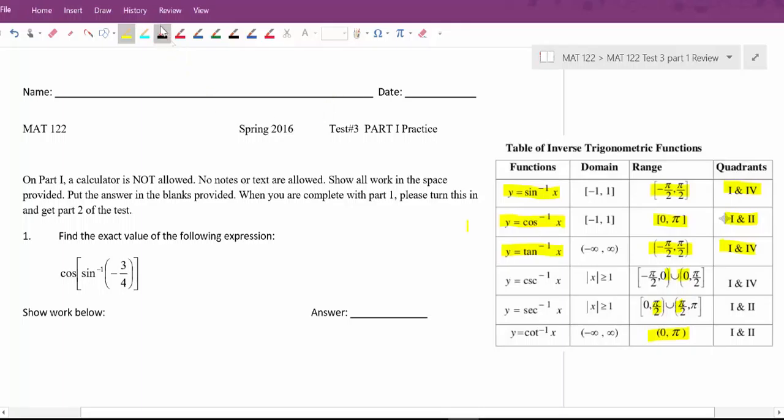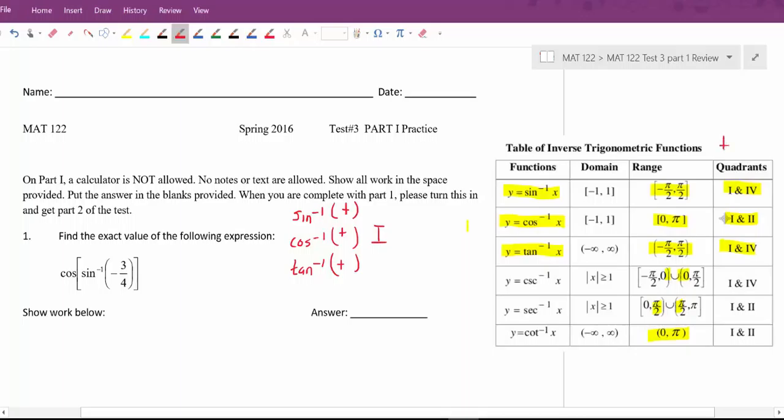So one thing that you want to kind of get formalized in your mind is this. If you did an inverse sine, an inverse cosine, an inverse tangent, really any of the inverse trig functions of a positive number, that's going to put you in quadrant 1. So that's always going to be the case on all these trig functions.